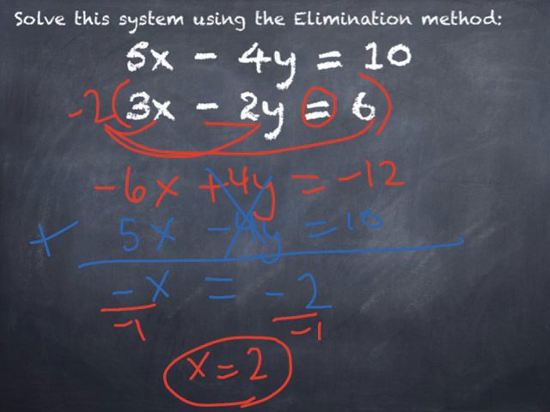Now I had two equations to start with, and both had an x and a y. I only have x so far, so I need to go back up to one of my original equations and substitute. If I go to that first equation, instead of 5x, I'm going to make it 5 times 2. Let me erase some of this so that we have room to write.